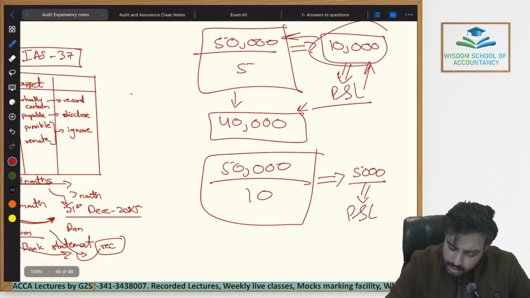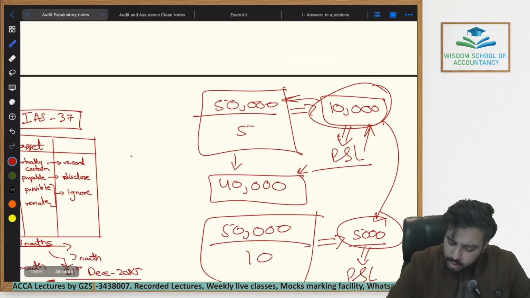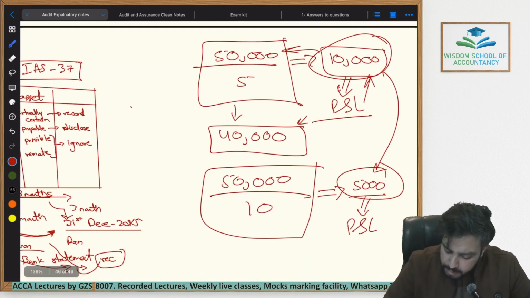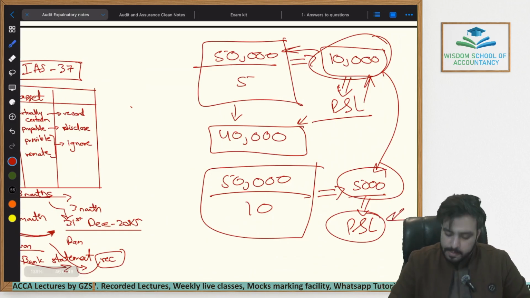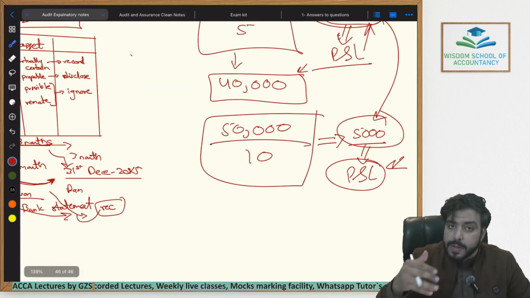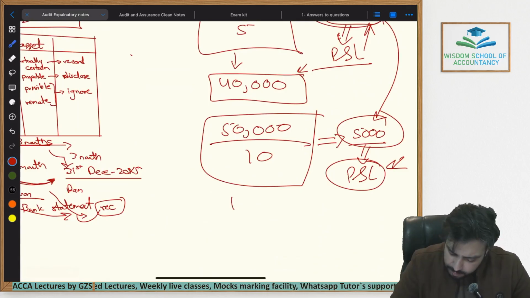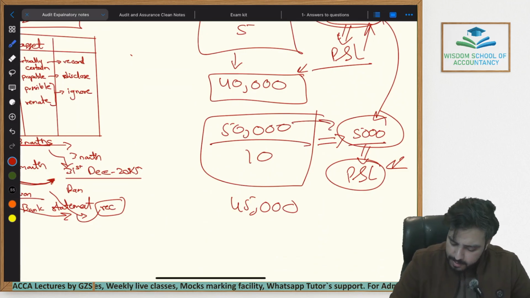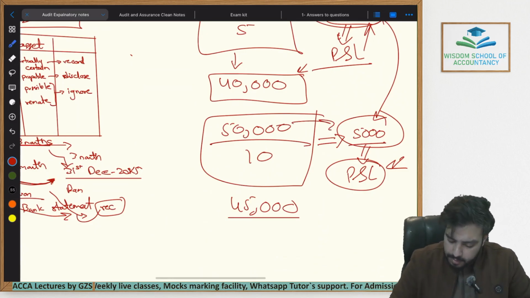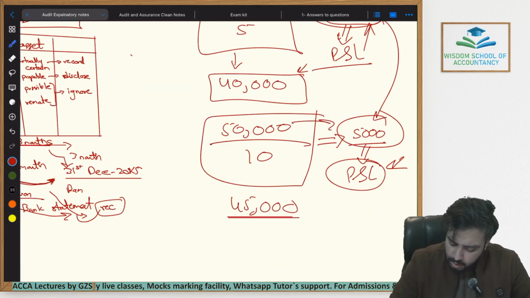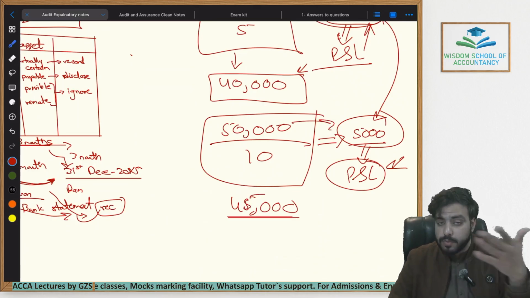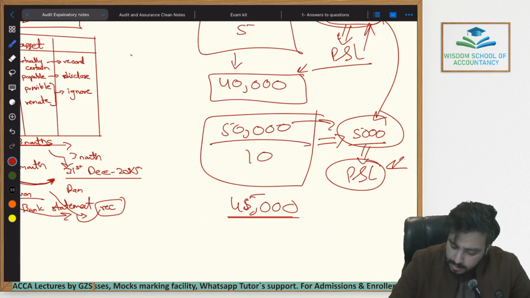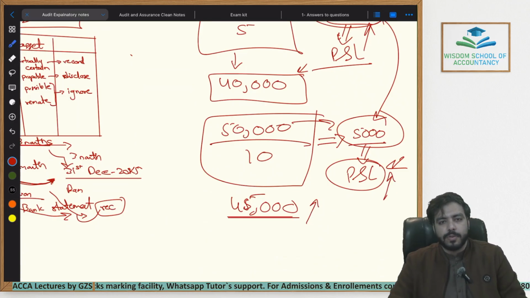Compared with $10,000, the profit would be higher in these financial statements. And what would be the closing value of the asset here? It would be $45,000, because 50,000 minus 5,000 is $45,000. The profits of the company have increased and the assets of the company have also increased.